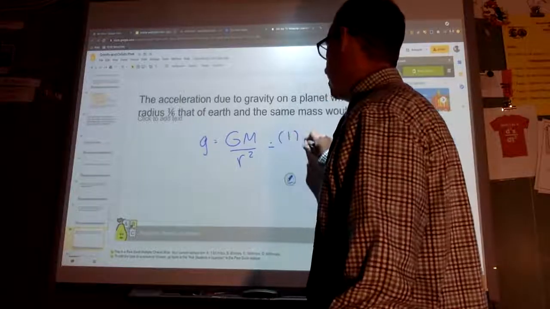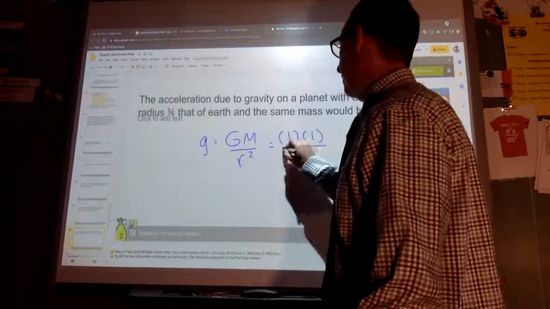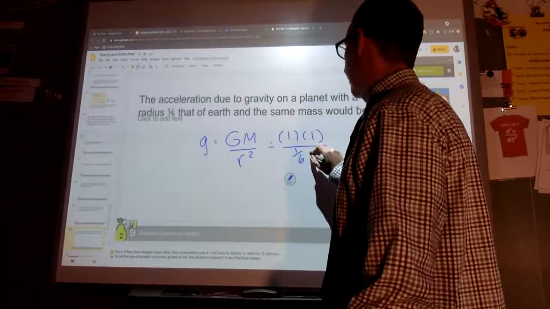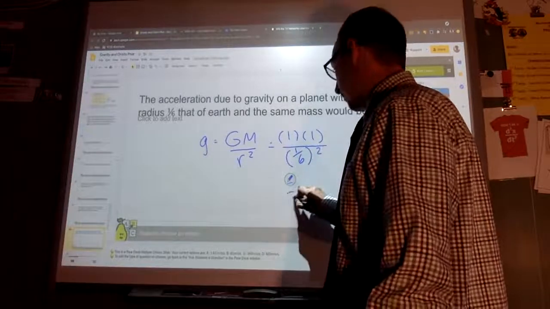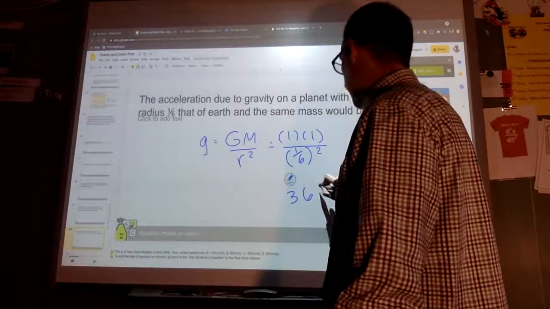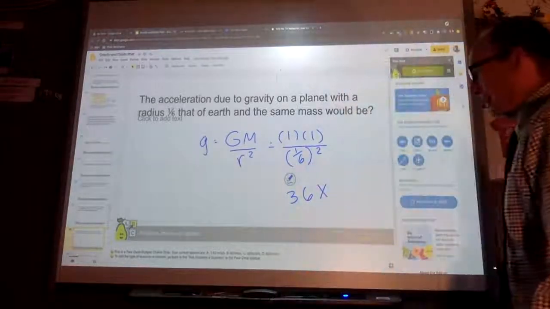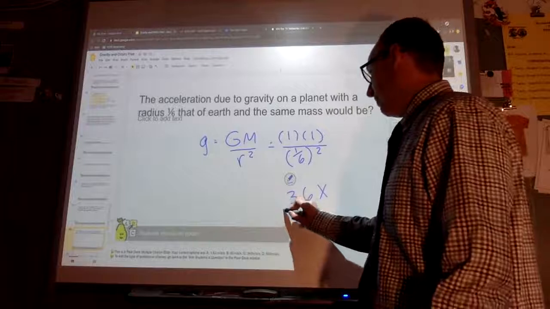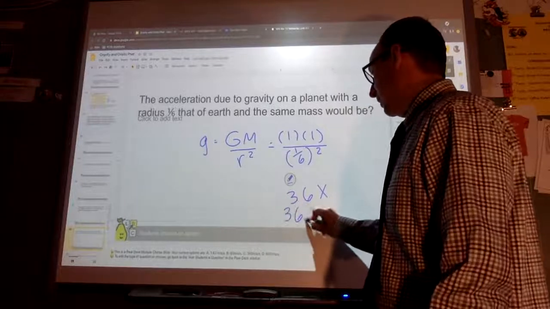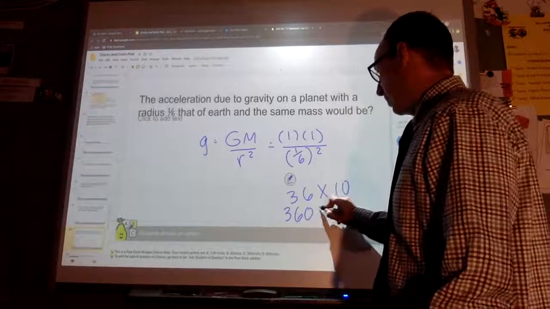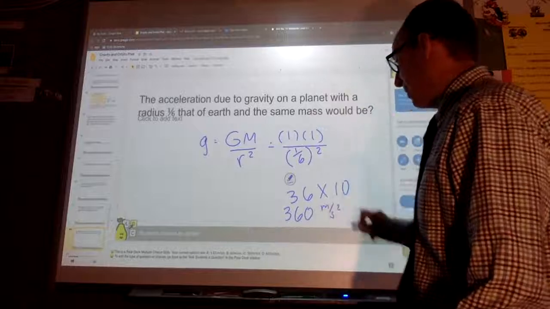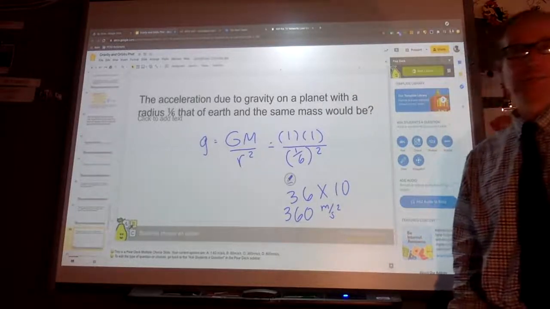So this isn't changing, this isn't changing. It's going to go up by 36 times. So on Earth, it's 10. So it's going to be about 360 meters per second per second.